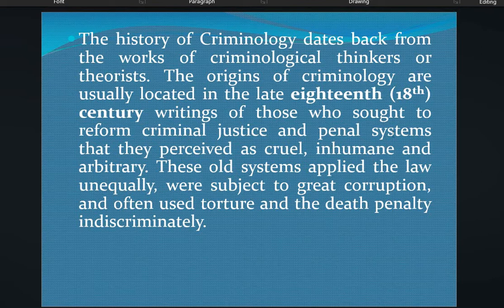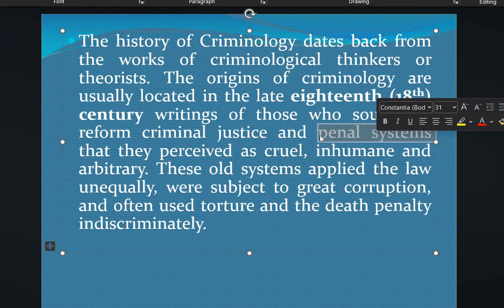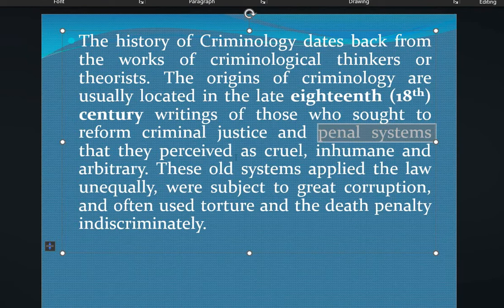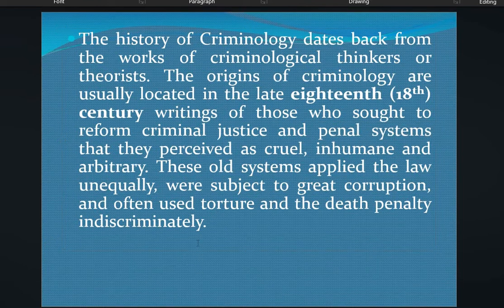And also what we call the penal system. Ito yung sinasabi natin kanina, the criminal law or the Revised Penal Code. So the old system applied the law unequally, was subject to great corruption, and often used torture and the death penalty indiscriminately. So dati talaga the word torture and death penalty is really existing. Okay? Yun yung panahon, or during the 18th century.